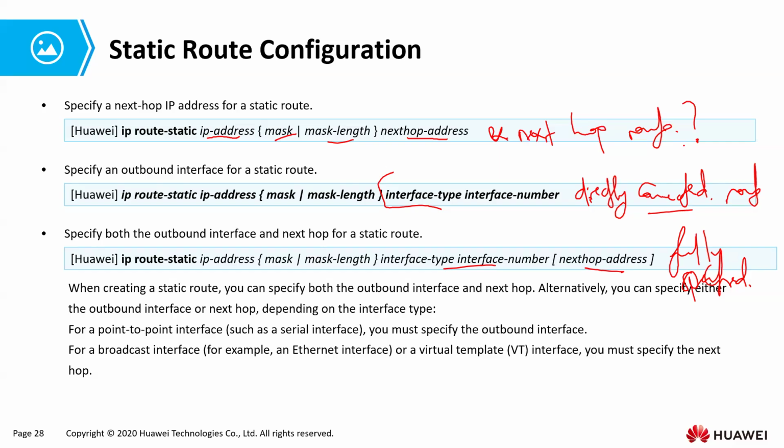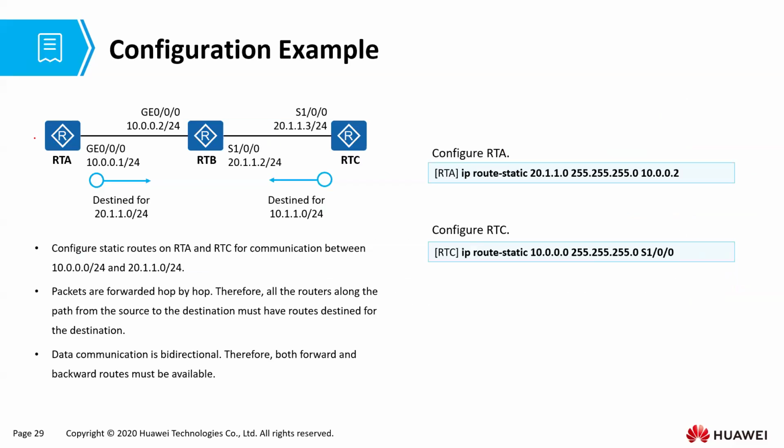I think that's where we'll do our practicals using that software. We just introduce the commands here, but it's very simple actually. If you understand the route, what's really happening, you just have to follow the command to configure your route. Configuration example.